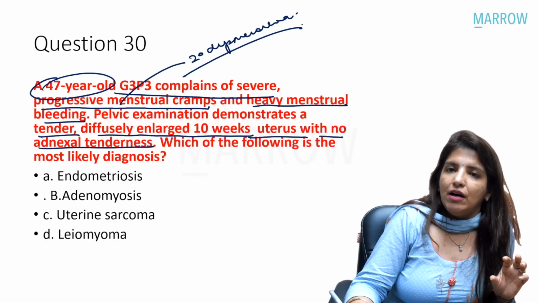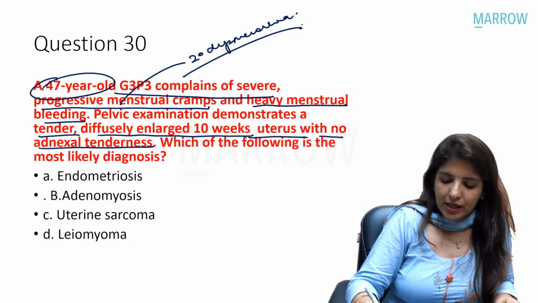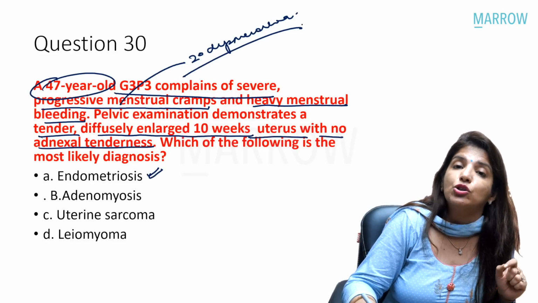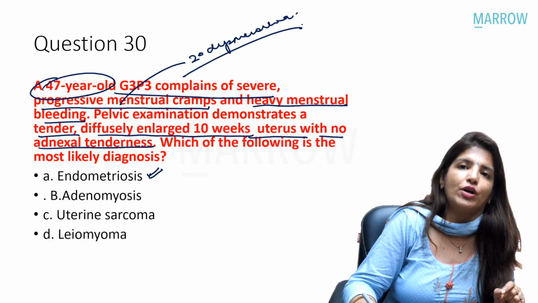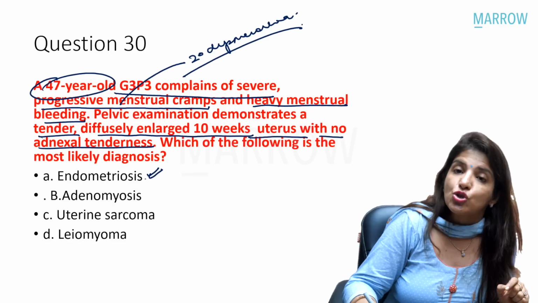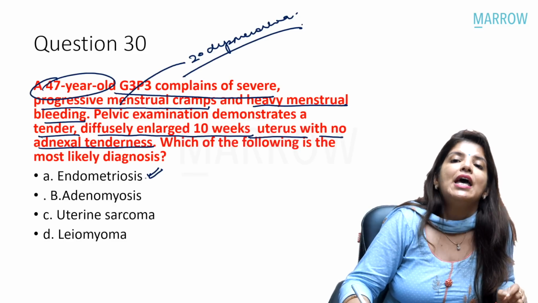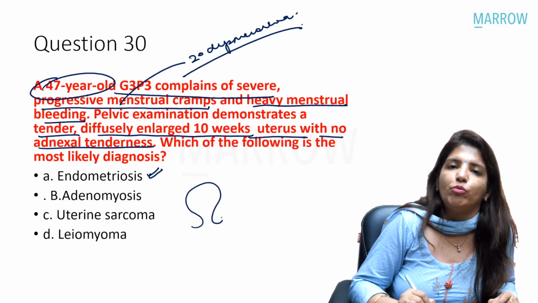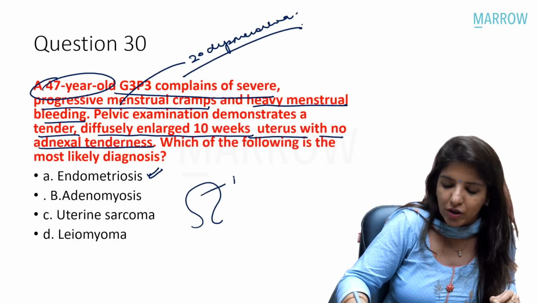So first tell me, is secondary dysmenorrhea a complaint of endometriosis? Yes, it's a complaint of endometriosis. Rather, the most common cause of secondary dysmenorrhea is endometriosis. But is this a case of endometriosis? No, because in endometriosis, endometrium is found outside the uterus. So in case of endometriosis, uterus size will be normal.